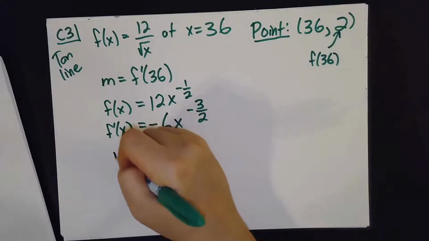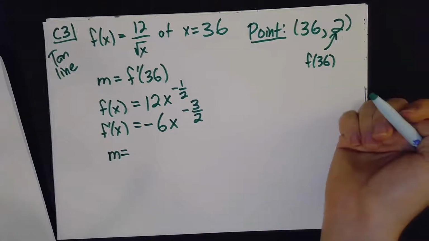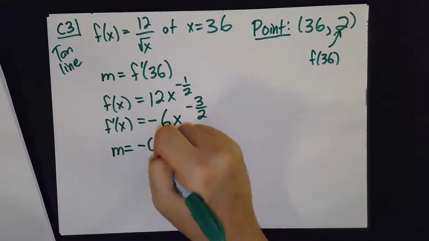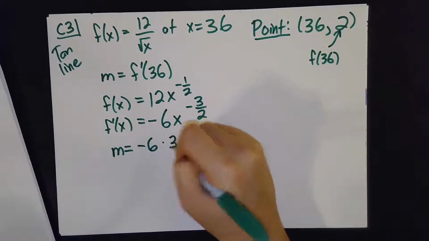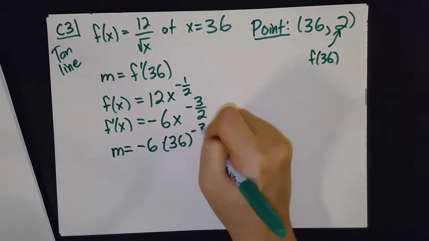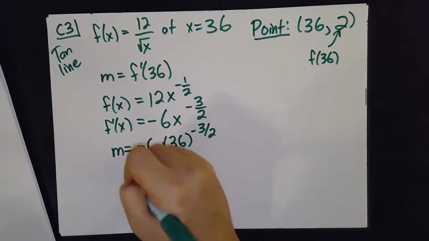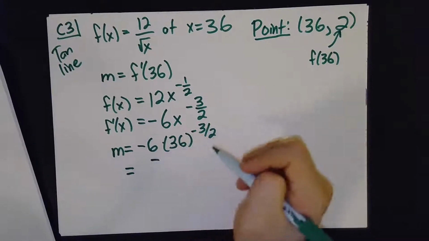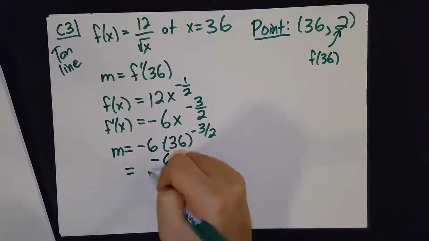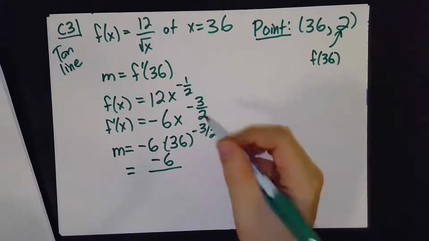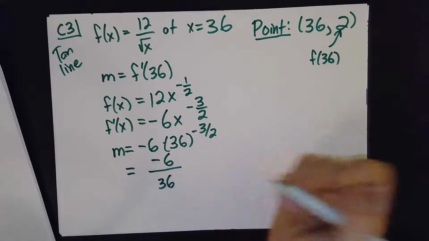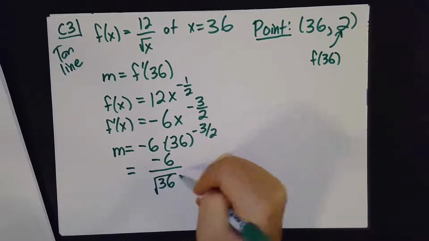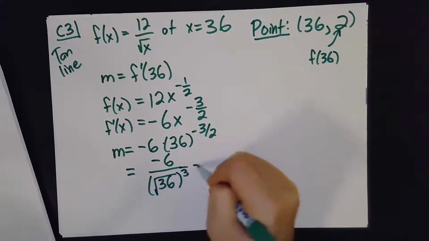Okay. So going back to that bit about the slope, my slope here is minus 6 times 36 to the minus 3/2. And I have to spend a moment to remember everything we learned about fractional powers. So the minus puts this in the denominator. And then raising something to the 3/2 power, remember, is the square root cubed.